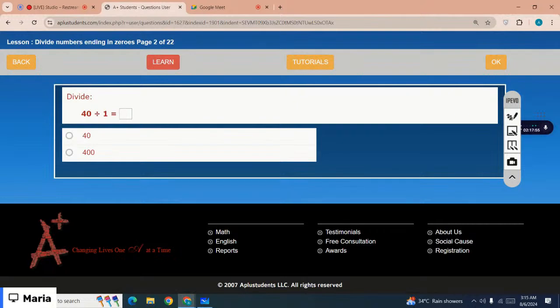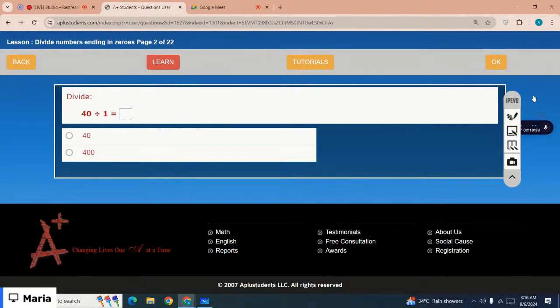40 divided by 1, which is the correct option? The correct option is 40.